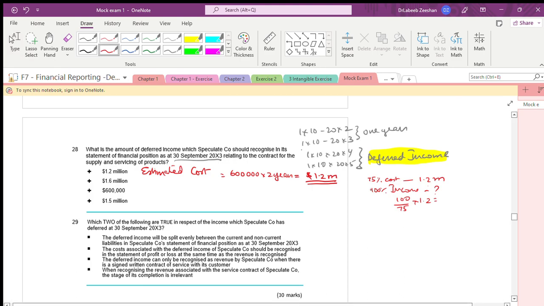You have to write like this, because 75% is the cost, 25% is the profit. Now we have to write like this.